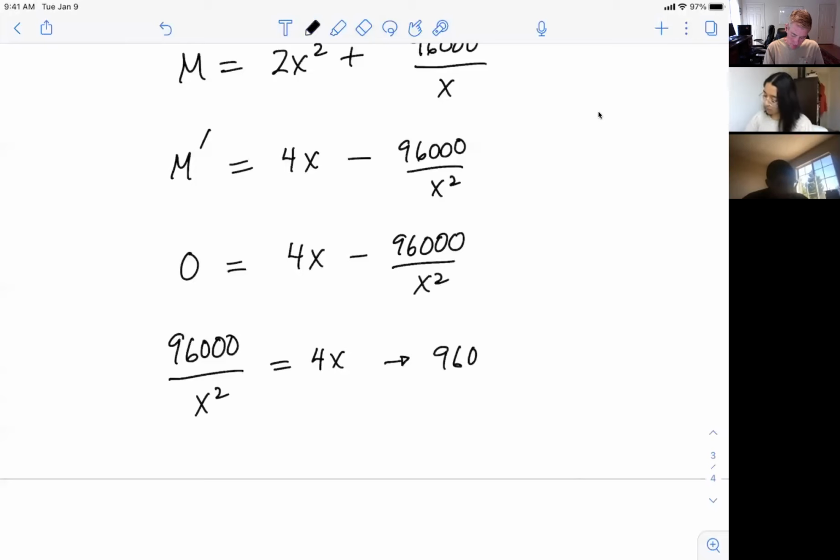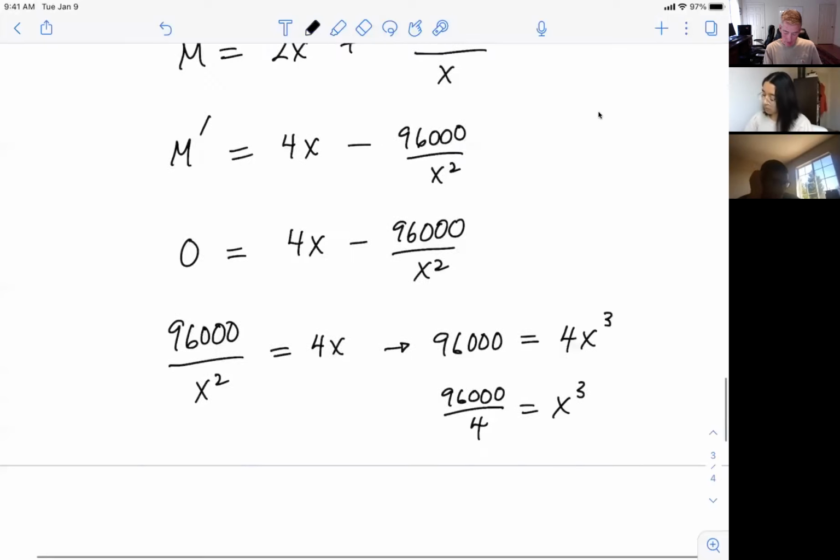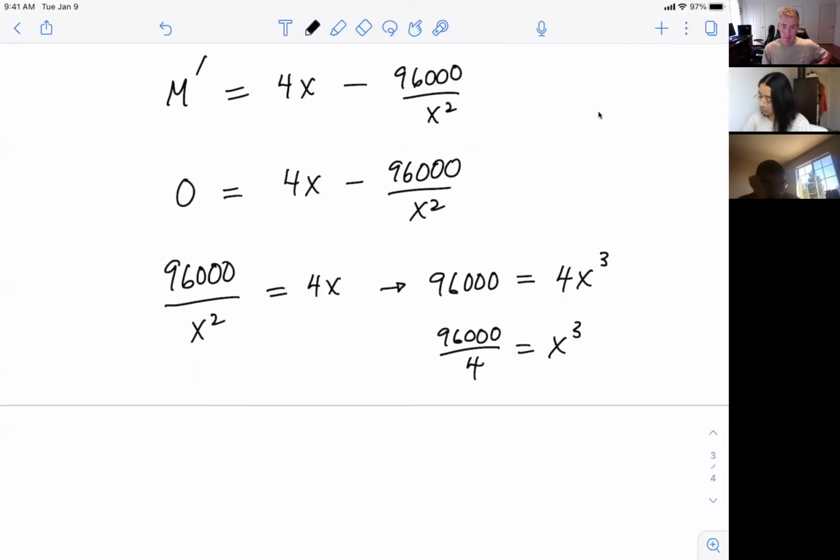So the left side will just have 96,000. The right side will have 4x cubed. And then divide both sides by 4. And then the last thing is take the cube root of both sides.